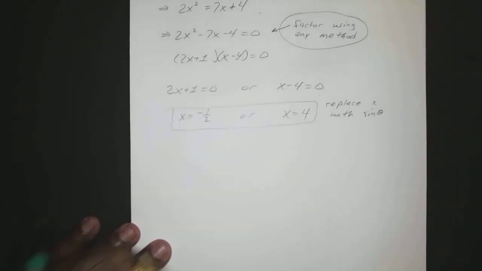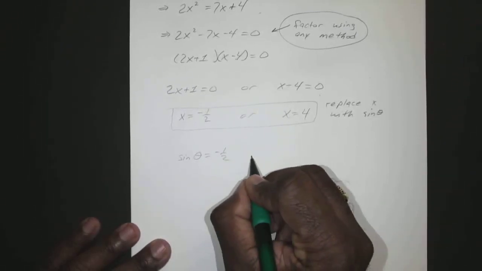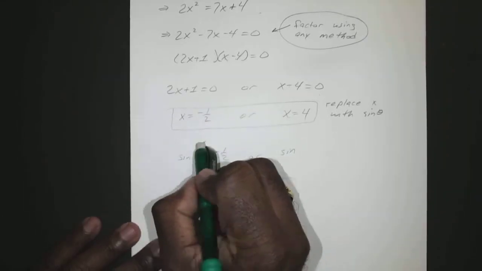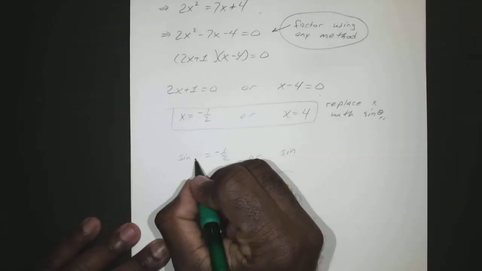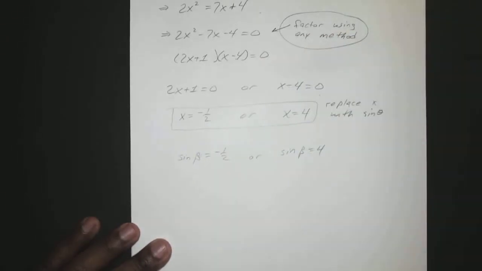Okay, so we have sine of theta equals negative 1/2. Or not theta, using beta on this one. Or sine of beta equals 4. Okay, so the one on the right, automatically toss that one out.